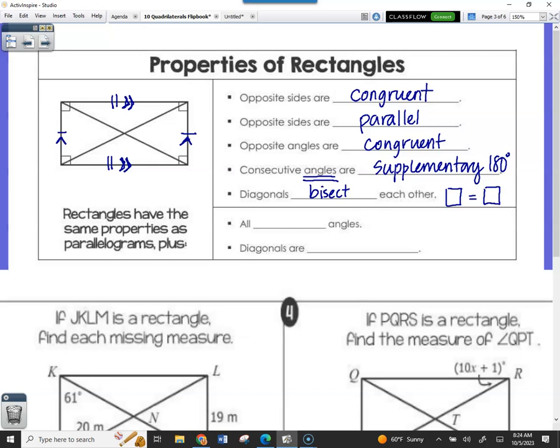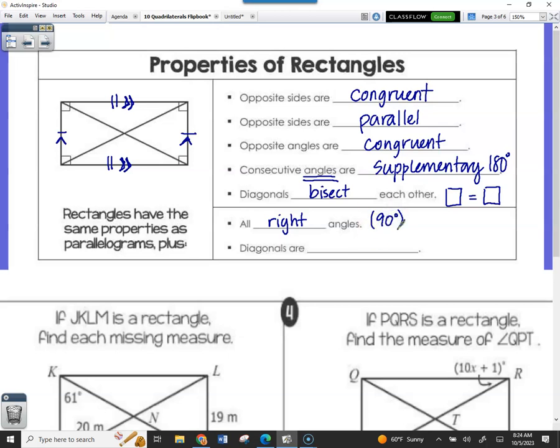Now, here's the new properties. So rectangles have the same properties as parallelograms. Notice every single one of those was the exact same that we talked about with parallelograms. But they have two additional properties. All right angles. How many degrees are in a right angle? 90.